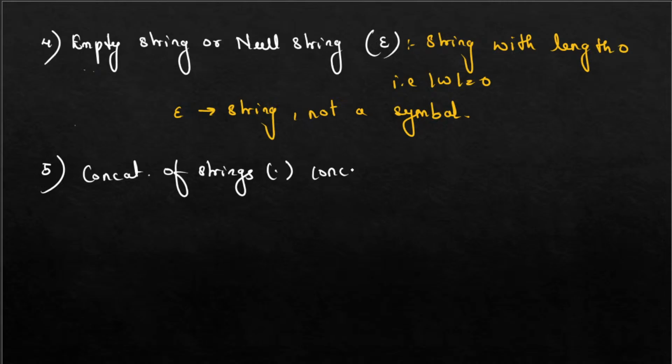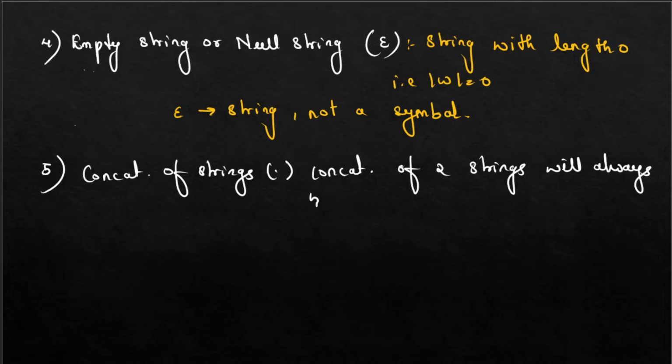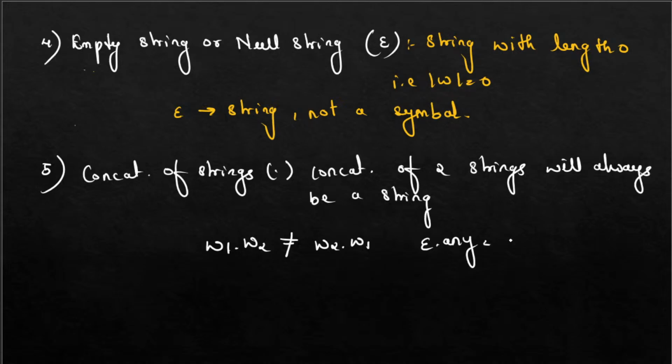So w1 dot w2 is not equal to w2 dot w1, but epsilon dot any string is equal to any string dot epsilon, which is equal to the string itself.